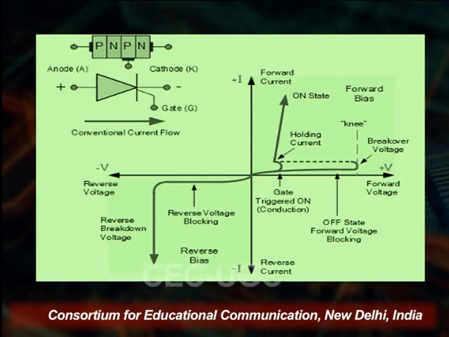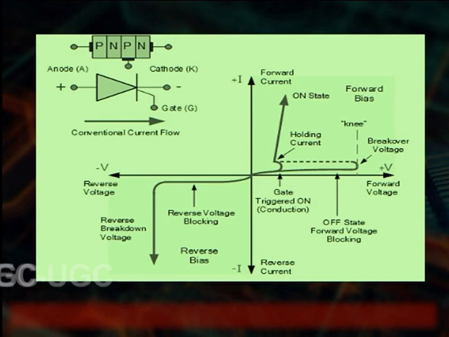Now you see how the current flows. It is flowing from anode to cathode and the gate is there. On the right hand side you see the diagram of how the current flows as the voltage changes, how we can get the voltage characteristics, the IV characteristics, in the forward direction and the reverse direction.